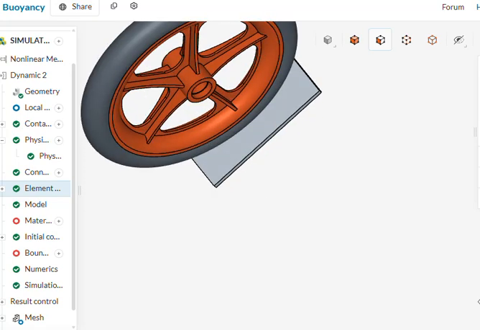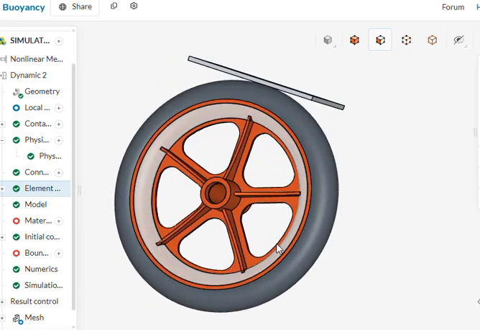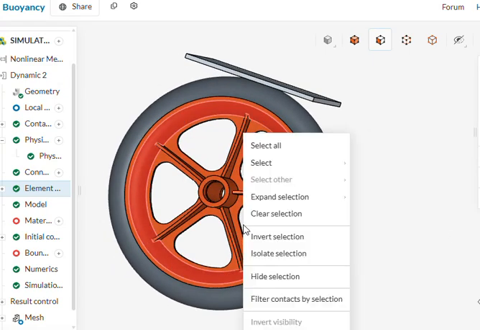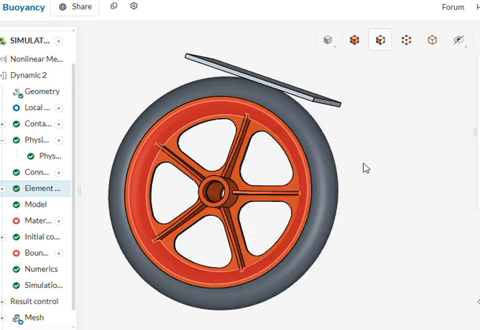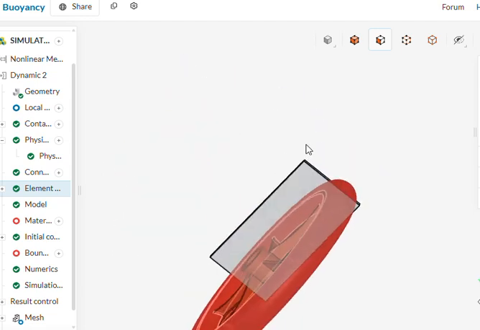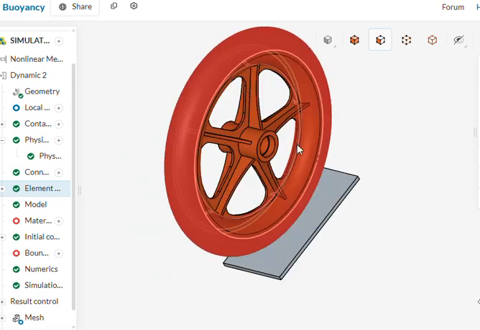How did it climb up, right? How did it get like this? And now it's all red.